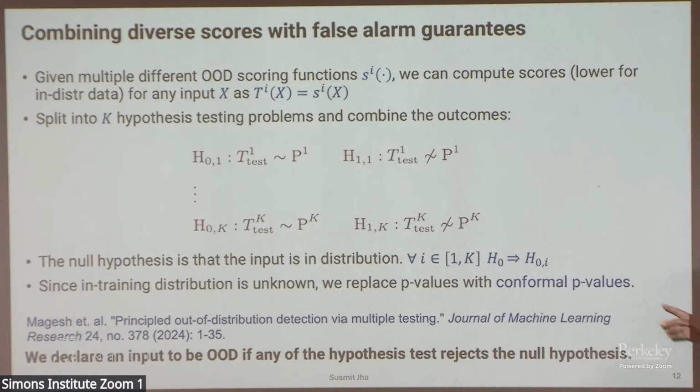One other thing I will quickly mention is that because we often don't have access to the in-train distribution, which is where I think Sanjay's question was going as well, we use conformal p-values and not real p-values, because we don't have access to the training data. We instead keep a very small calibration set. How you construct the calibration set is challenging in itself and a whole other talk.